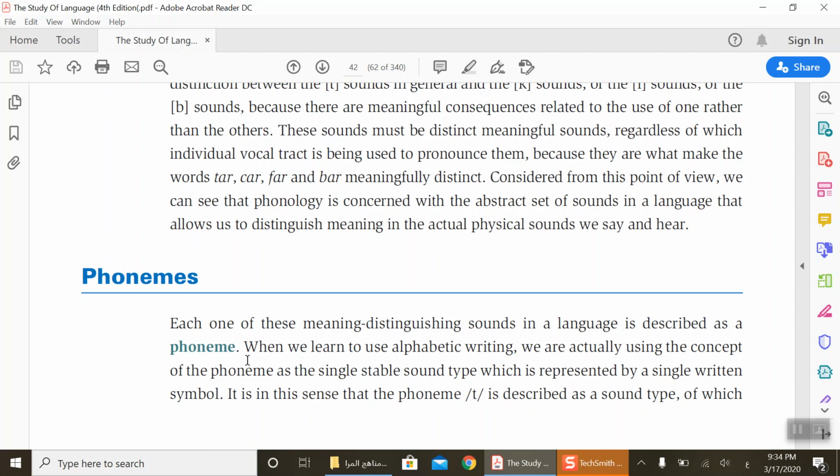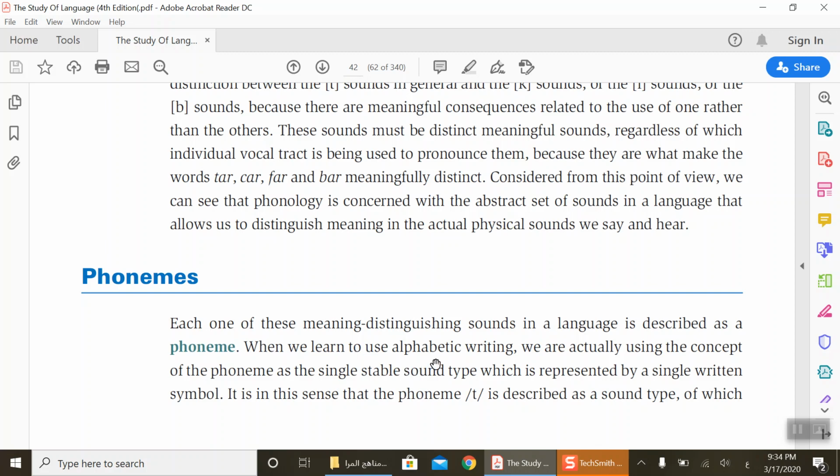So phoneme is the smallest meaningful unit. It is what? The smallest meaningful unit. Good. How is it meaningful? It is meaningful in the sense that when you change one letter into another, you will have what? Another word, different meanings. That's why we say it is the smallest meaningful unit, and it is meaningful, of course.